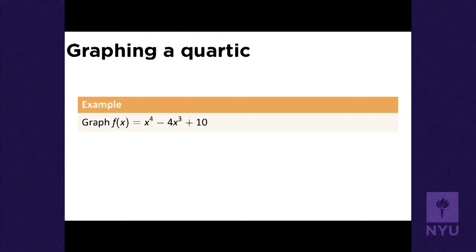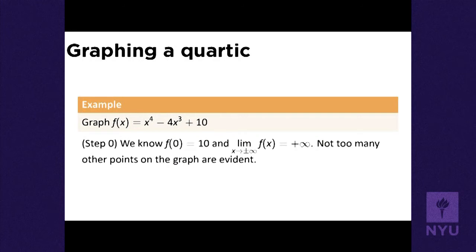Finding the x-intercepts where f(x) equals 0 involves solving a quartic equation. Some quartic equations look like quadratic equations where the variable is x squared, like x to the 4th plus something times x squared plus a constant. But this is not that kind of thing. So we're not going to be able to solve explicitly the places where f(x) equals 0. But there are some other things we can figure out.